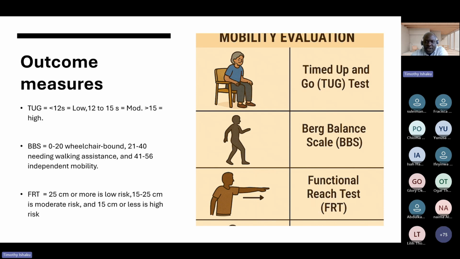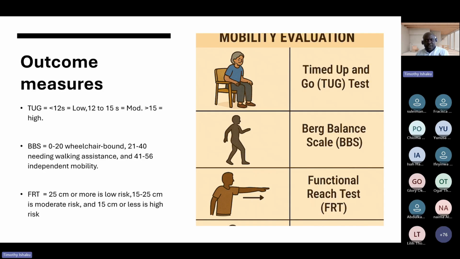For example, the private clinic in Lagos. I think it's a good practice to screen elderly people, especially at that age, using those outcome measures. There are a lot of things to look out for: mobility, balance, and functional movement generally. When somebody moves from sitting to standing, that's a transition, that's functional movement.